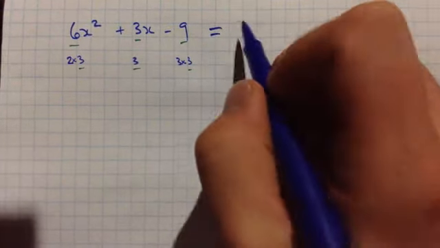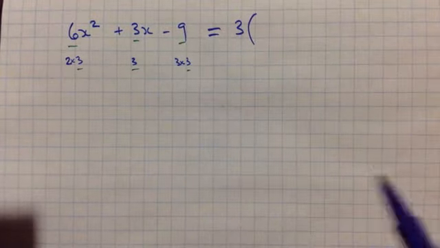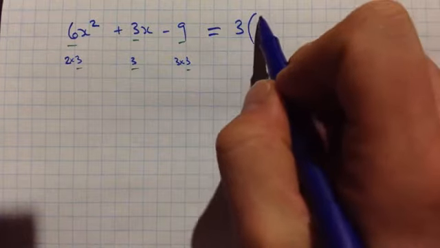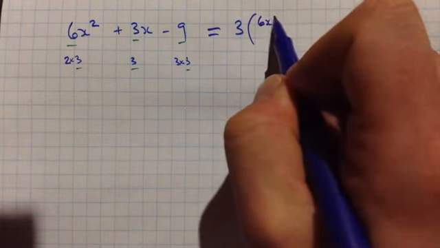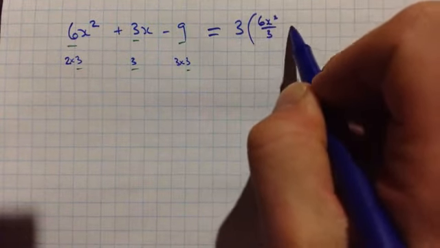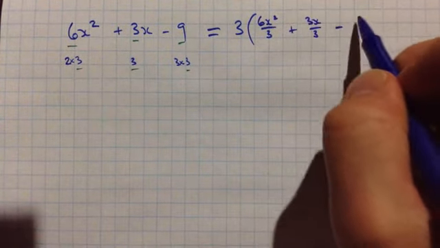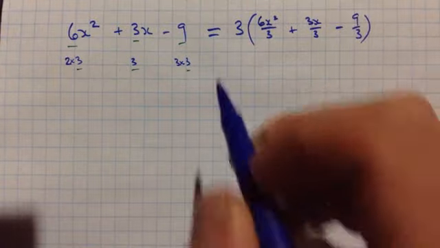So I'm going to divide 3 out of each of the terms, the opposite of the distributive property. Let me write the whole thing out again here: 6x squared divided by 3 plus 3x divided by 3 minus 9 divided by 3.